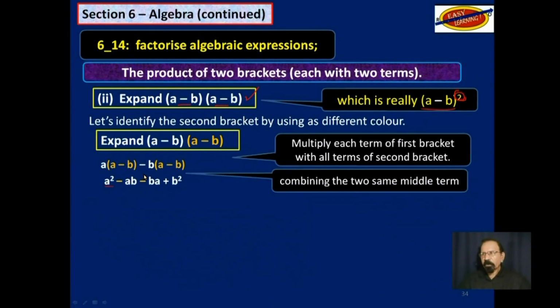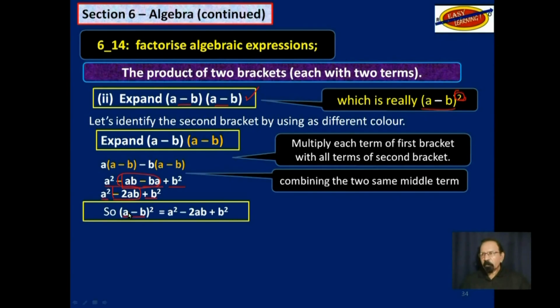We get a squared minus ab minus ba plus b squared. We can combine those two and we get a squared minus 2ab plus b squared. So (a minus b) squared will give us a squared minus 2ab plus b squared.